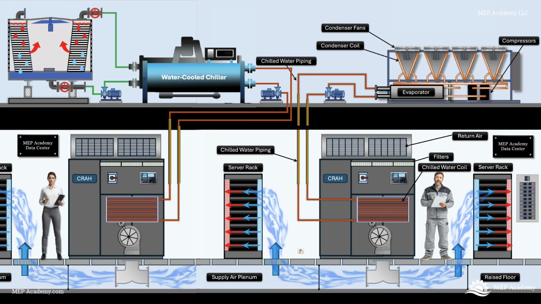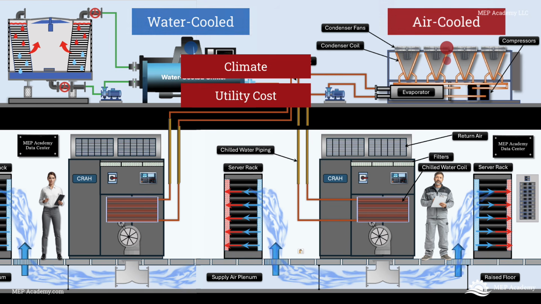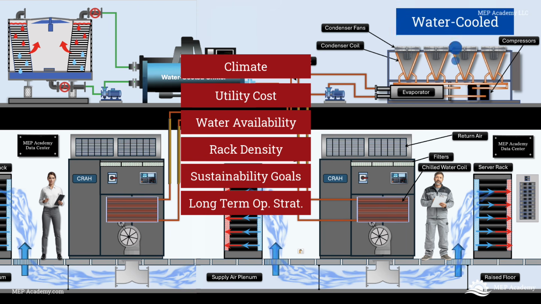This is why the decision between air-cooled and water-cooled systems is not simple. Air-cooled systems reduce water usage but often use more electricity. Water-cooled systems can improve energy efficiency but consume more water. The best choice depends on climate, utility costs, water availability, rack density, sustainability goals, and long-term operating strategy.